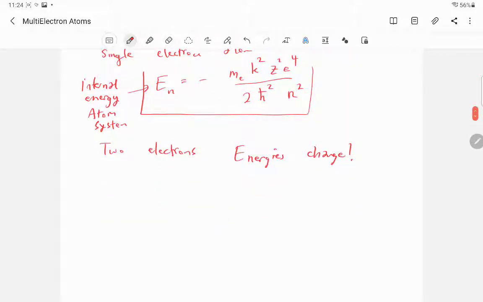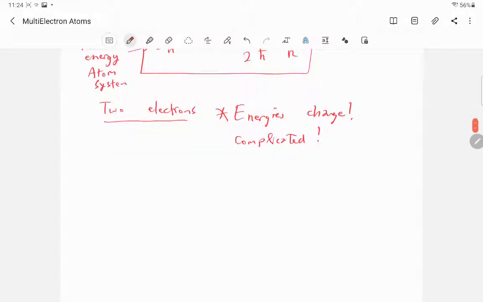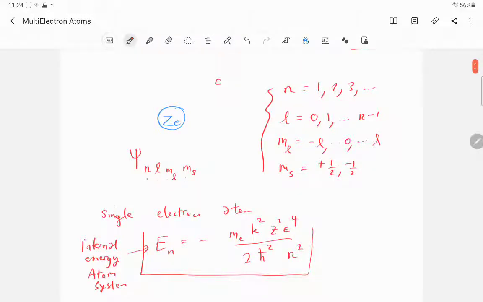But of course, whenever you have two electrons, the internal energy of the atom becomes more complicated. Doesn't mean it's not solvable, or approximatable, it's just very complicated. And so that's something I'm not going to write down. But what I am going to do is wonder, if I have a nucleus, I start off with it bare, and then I invite one electron to come and live close to this nucleus.